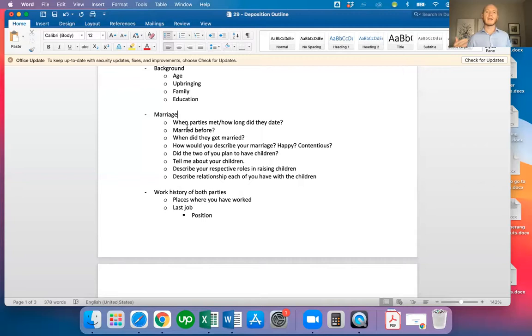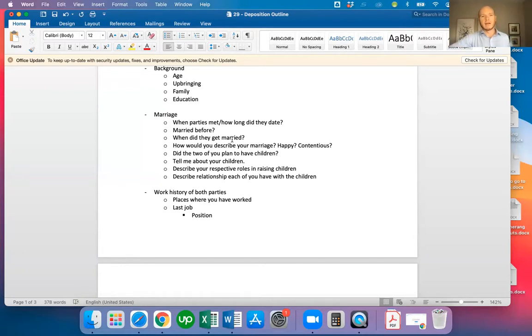So try not to stick too much to the script and have it be more conversational, where you can go down various rabbit holes of getting to understand somebody and where they're coming from.